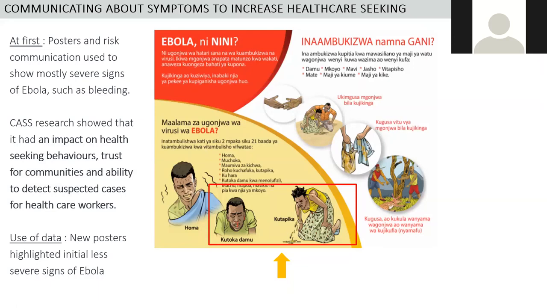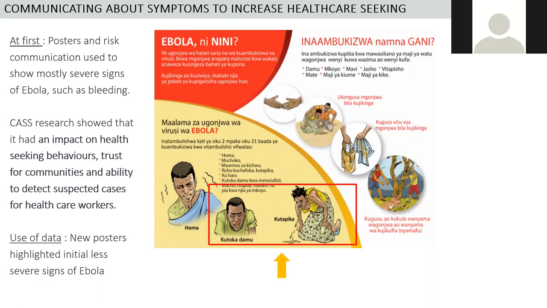And these are the signs that only occur in the final stages of Ebola. And so our research showed that by only showing these very severe signs, it had an impact on health-seeking behaviors from the communities, because what we want is for people to go and seek healthcare when they're in the initial stages of the disease.